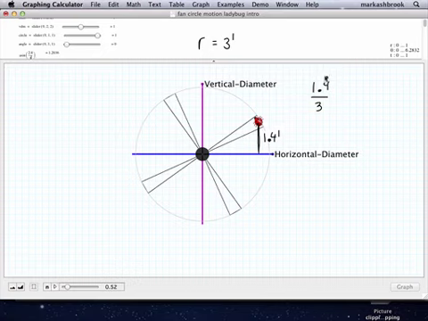And what does that ratio, 1.4 over 3, have to do with the angle theta right there? How can we relate that number of radius lengths to the angle theta? What does that equal in terms of theta?